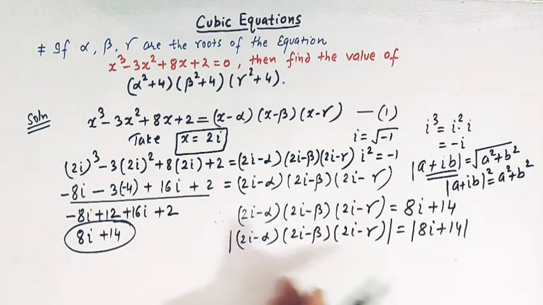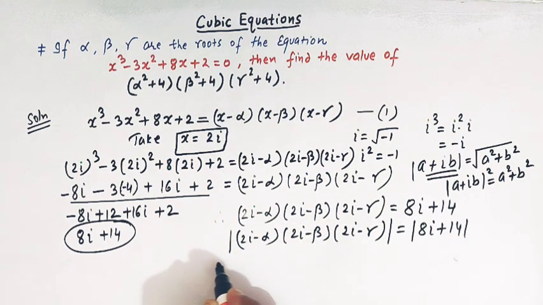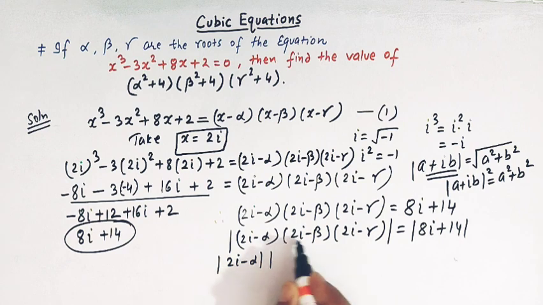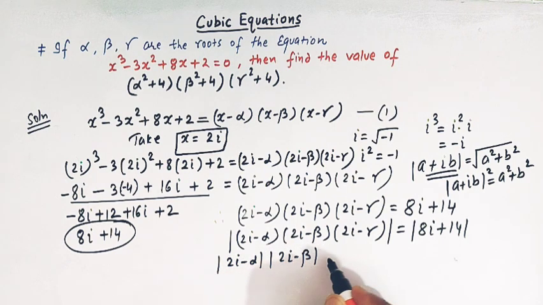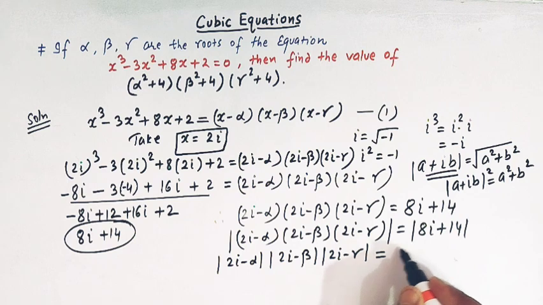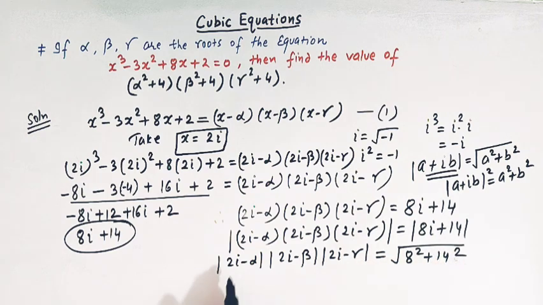So we can write this side as the magnitude of 2i minus alpha, times the magnitude of 2i minus beta, times the magnitude of 2i minus gamma, and here we have the square root of 8 square plus 14 square.